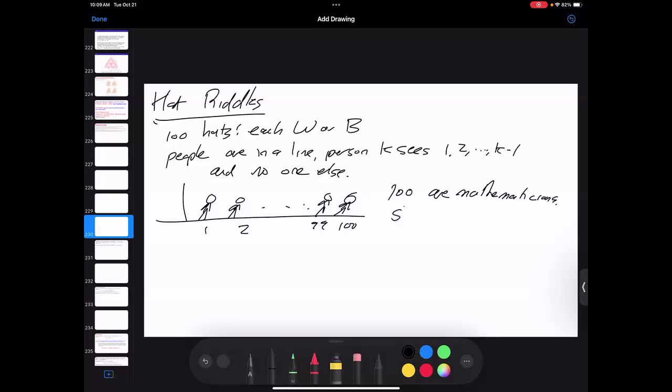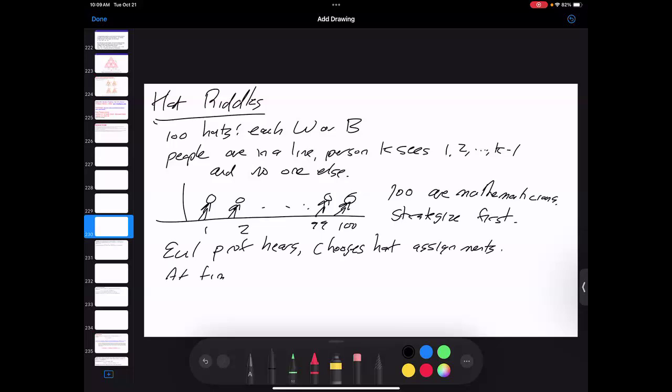They strategize first. Evil prof hears the conversation, chooses hat assignments. At time 1, person 100 speaks.